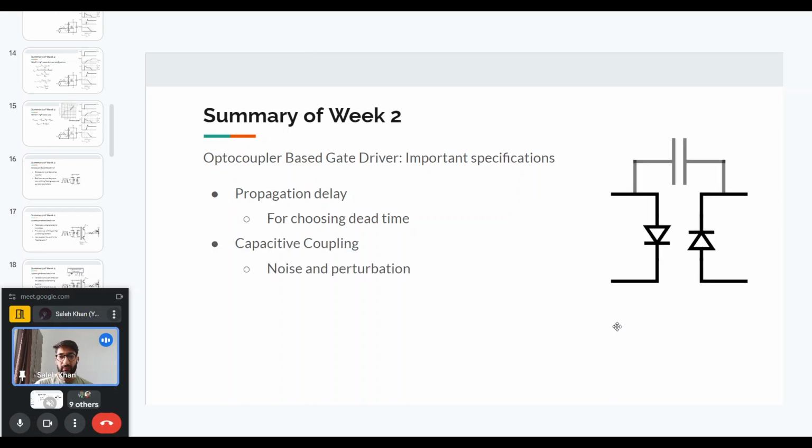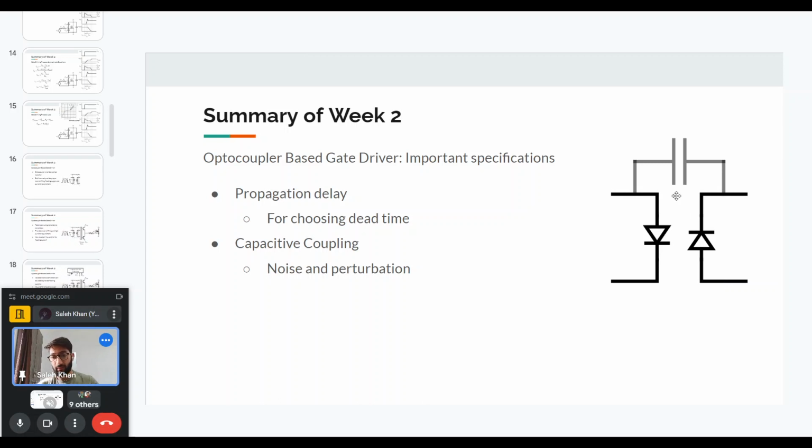Another important specification is the capacitive coupling. When we have the optocoupler, ideally we imagine that there is no connection between the input side and the output side. But in practice, there are some parasitic elements. For example, there can be a parasitic capacitance between these two. This is not a capacitance that is put there, but a parasitic capacitance that exists because of the dielectric between the two sides.